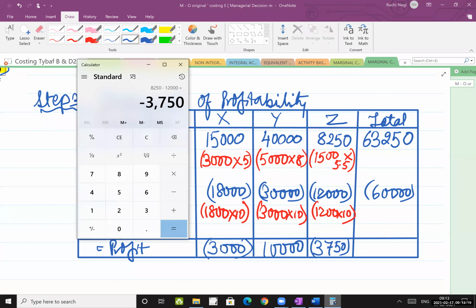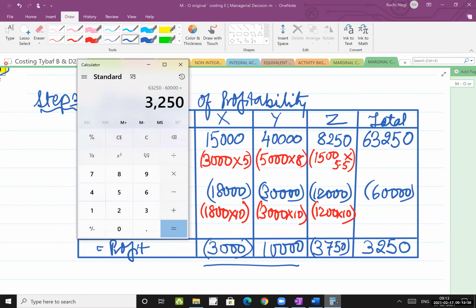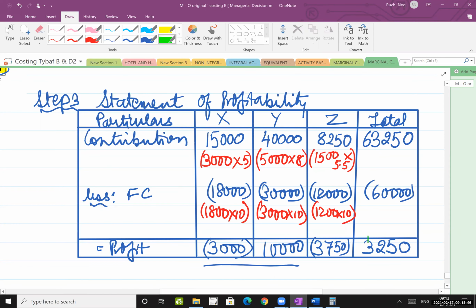Overall profitability, look: 63,250 minus 60,000, how much came? 3250 positive. Cross check: 3,000 and 10,000, how much is it? 7,000 positive. 7,000 minus 3750 is 3250. Okay, so it ties. Vertically, horizontally it should tie. That's it.